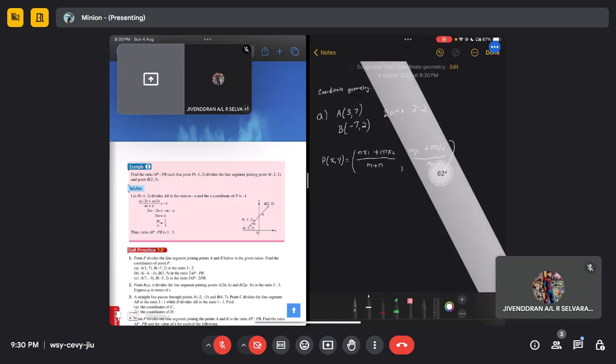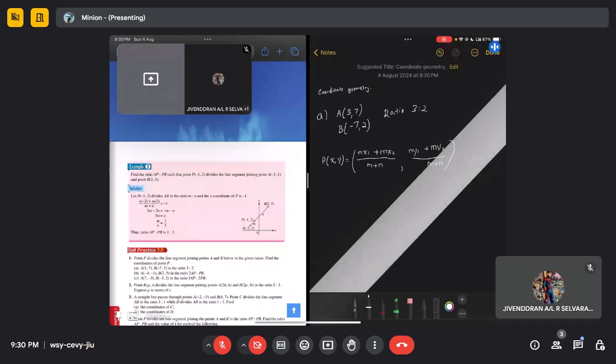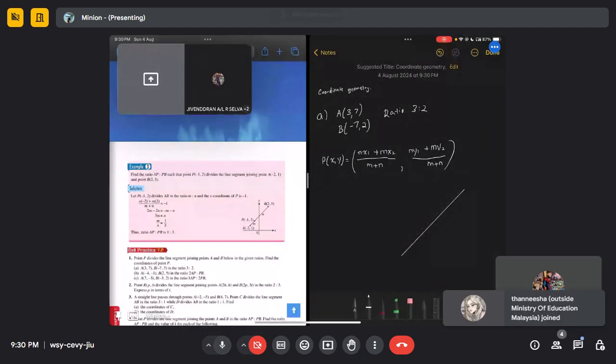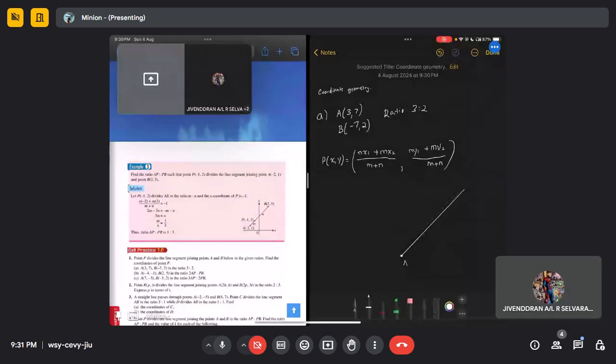Second step, I will draw my own diagram, although it's not given. So 7, 3, 7, 2.